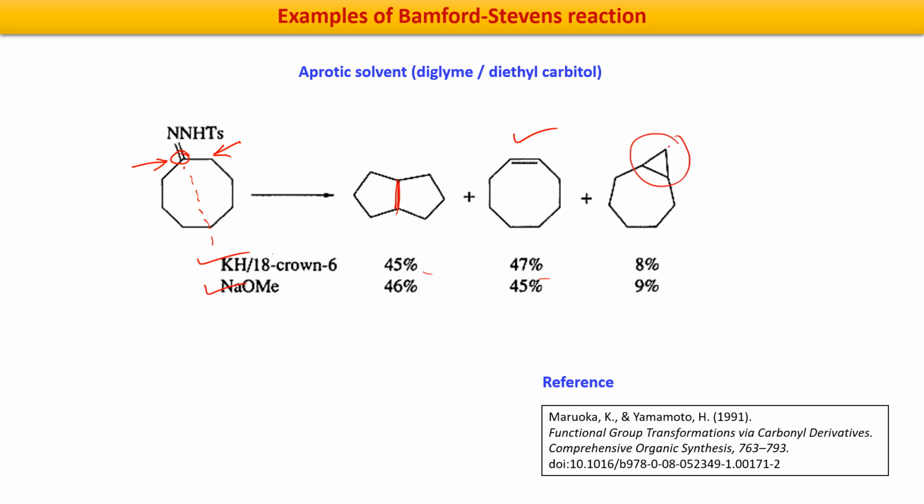But as these 3-member rings are not very stable, from the yield you can understand its formation is not very high. So in this way, through carbene generation or through carbocation, depending on what kind of solvent you have taken, protic or aprotic, we are getting different types of products. And from all these examples, this fact is clear.